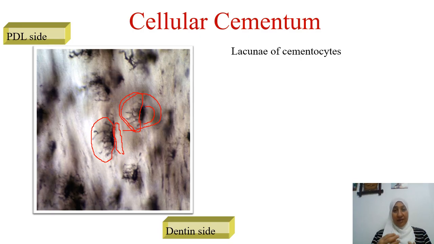These vital processes need the cells to be toward something vital and filled with blood vessels and ground substance. Of course, these criteria exist in the PDL rather than dentin.